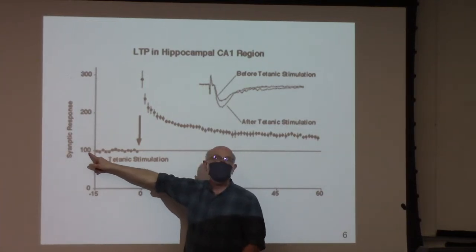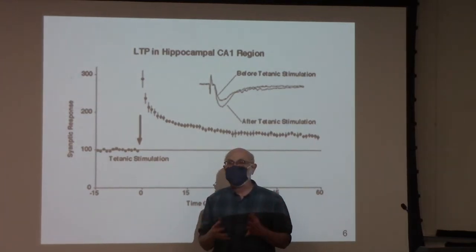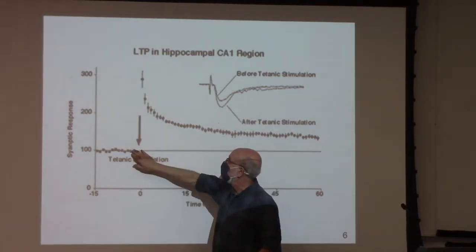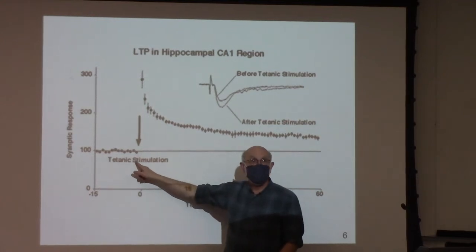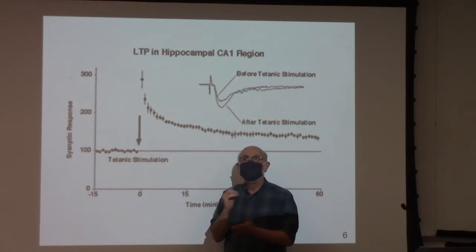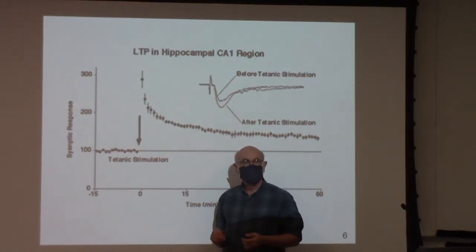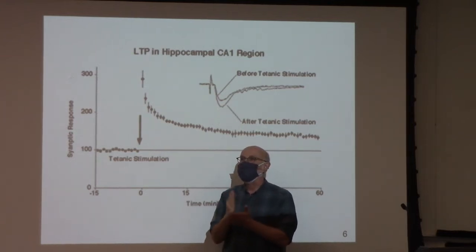And they normalize it to 100%. So they get a baseline, and they say, okay, that's baseline. We're just going to call that 100%. That's baseline. Then they stimulated those neurons with a burst of action potentials. Like a fast train of action potentials.